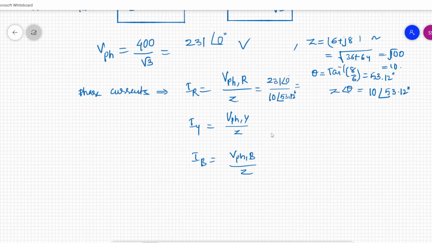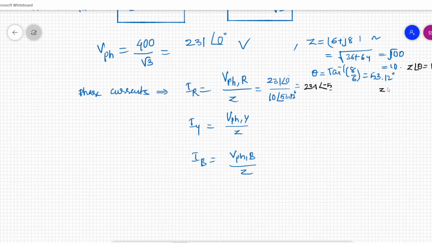So what is the amount of current flowing through the R phase? That equals 23.1, and here the angle will be negative since it goes to the numerator. So Z at an angle of theta equals 10 at an angle of 53.12 degrees, right?